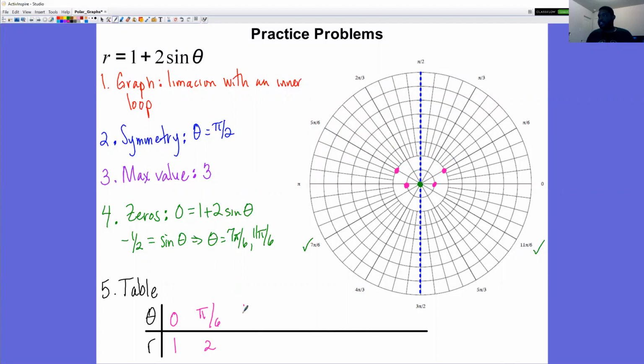Pi over 4 is the next angle I'm going to use. When I plug that in here, I'm going to get 2.4. I actually used the calculator to get that value. So at pi over 4, I'll go 2.4 units from the pole, about right there. That will be the same at 3 pi over 4, 2.4 units from the pole.